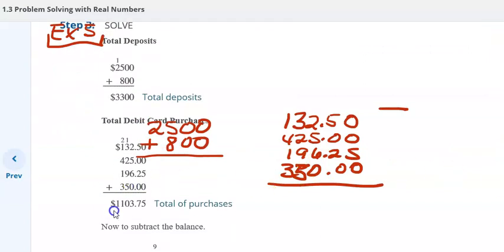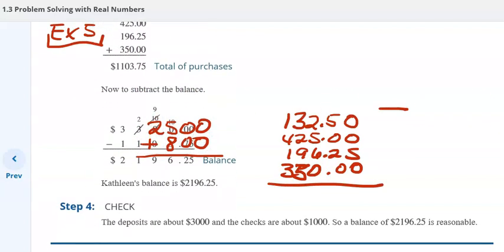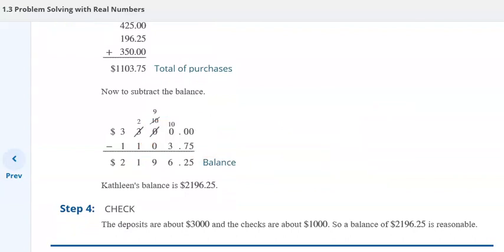And this is $1,103.75 that you're going to subtract from this, and you end up with a balance of $2,196.25, and that checks out.